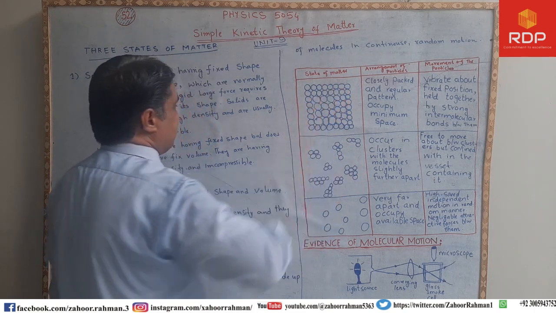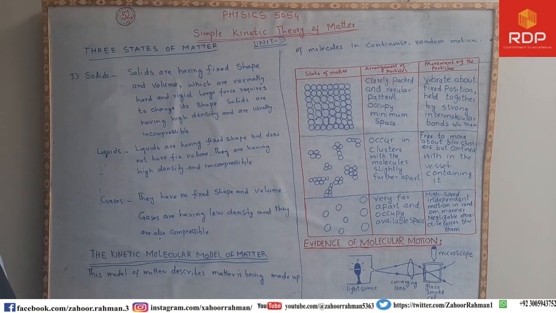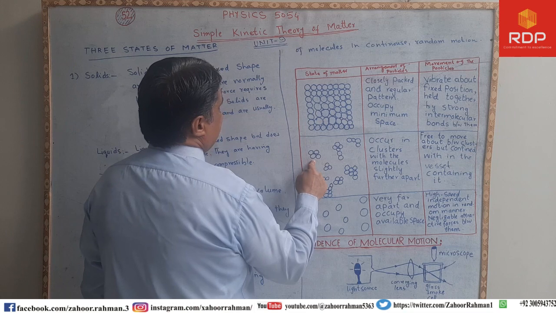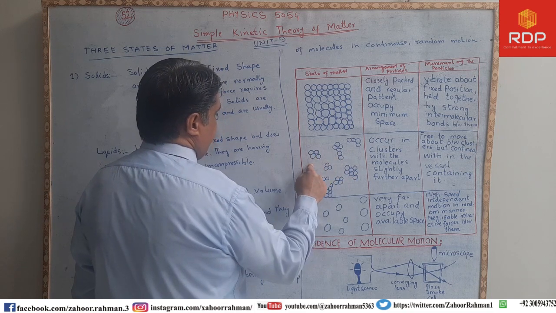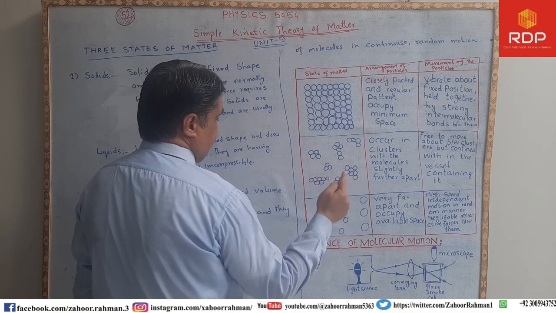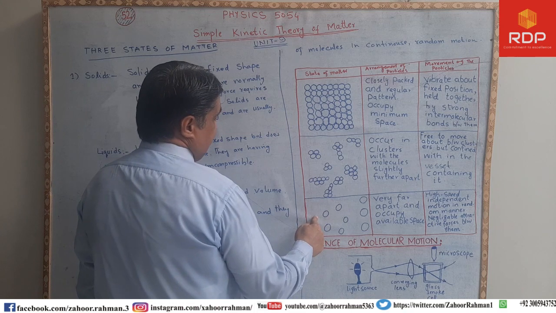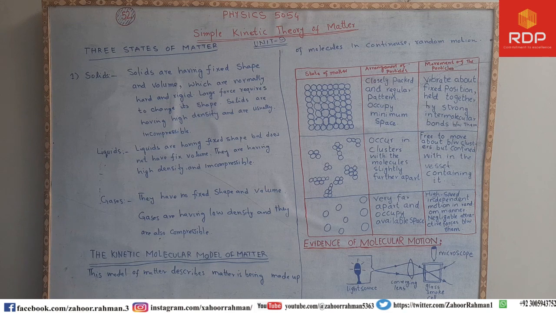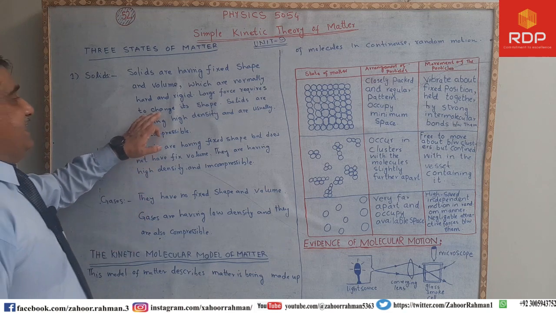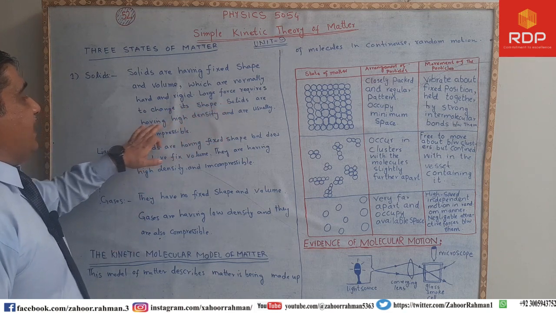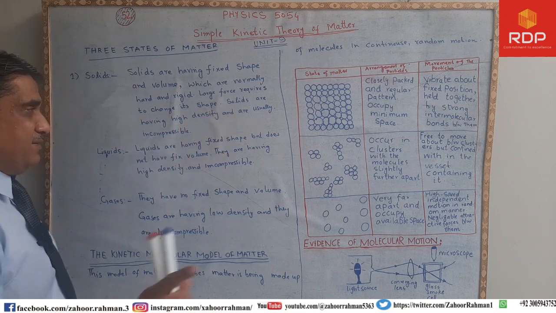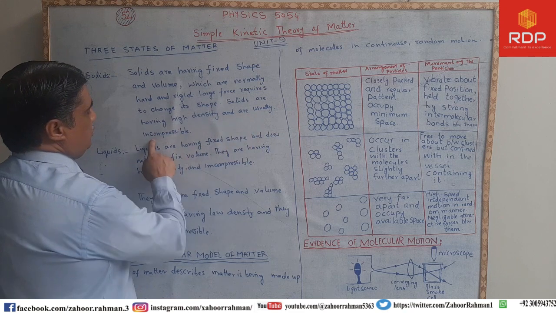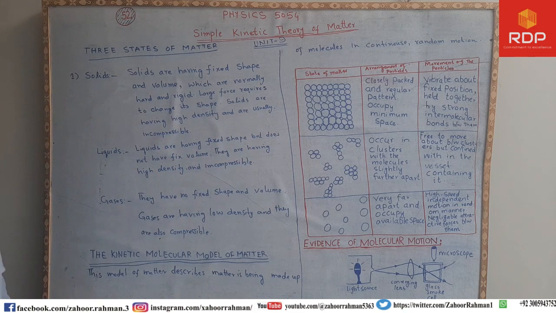They are closely packed, so their density is much higher than this. In comparison, the density of this model is higher than this model. We will discuss that in a moment in greater detail, but let me tell you that solids have high density, and one more important thing is they are usually incompressible.